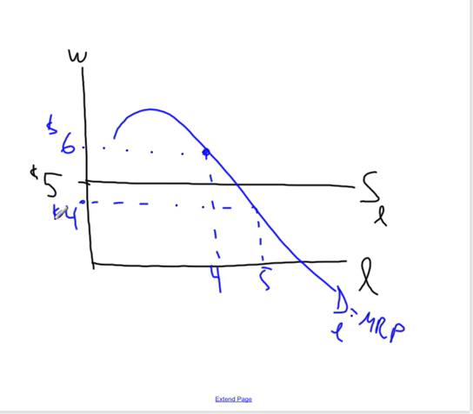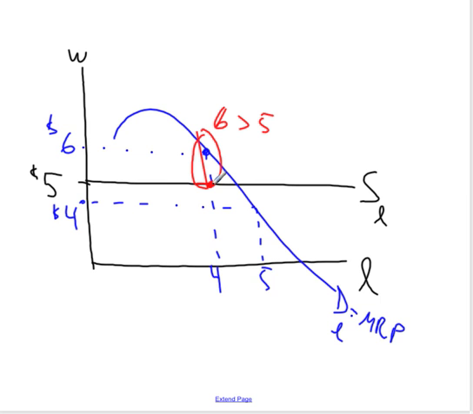So yes, it's worth it. $6 is greater than 5, so it's worth it to hire that fourth worker. Contributes $6 to revenue and only contributes $5 to total cost.